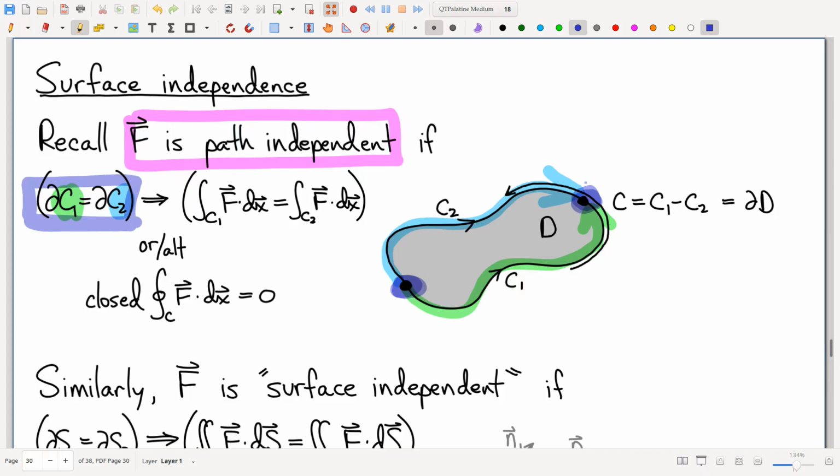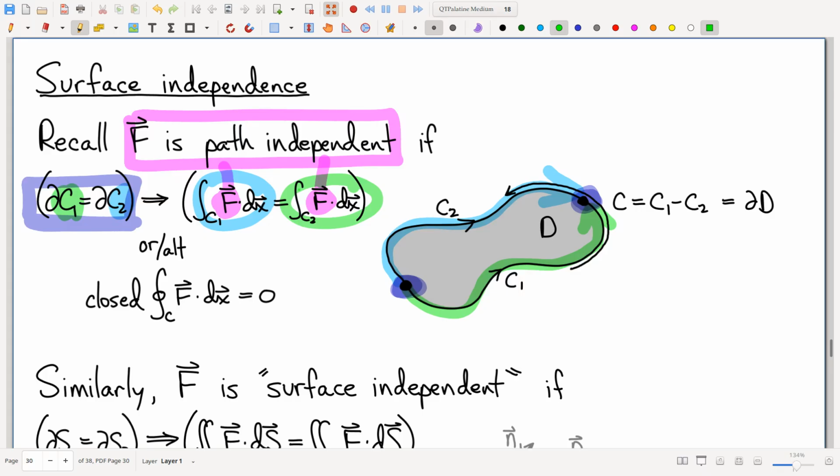A vector field is path independent if the resulting line integrals are always equal. And again, reasonable term, right? Which path you take between the agreed upon starting point and ending point doesn't even matter. The value of the integral is independent of what path you take. That's the term path independent.